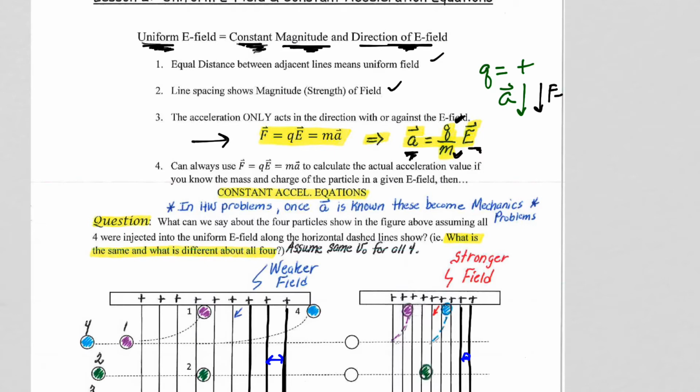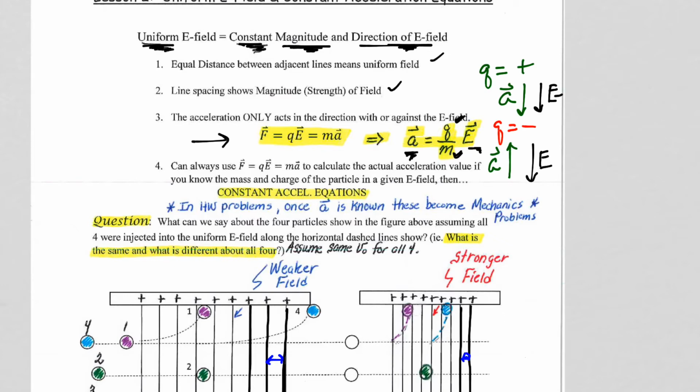If the q is negative, then the acceleration points against the direction of the electric field. Okay? That is important because we need to know which direction the force is. Is it an upward force or a downward force?